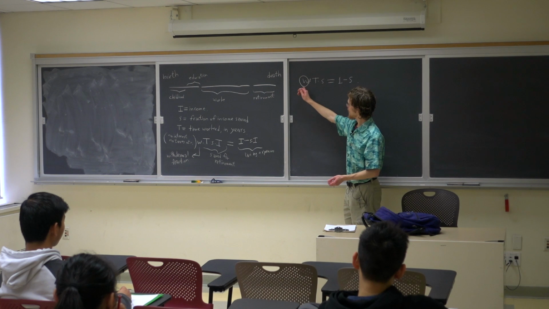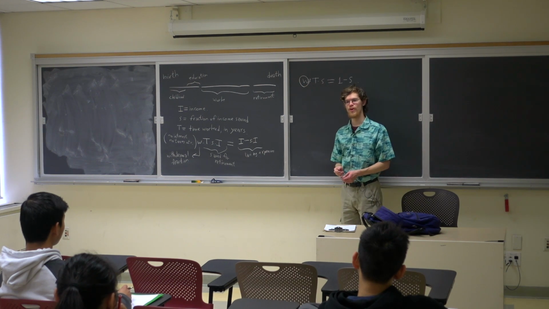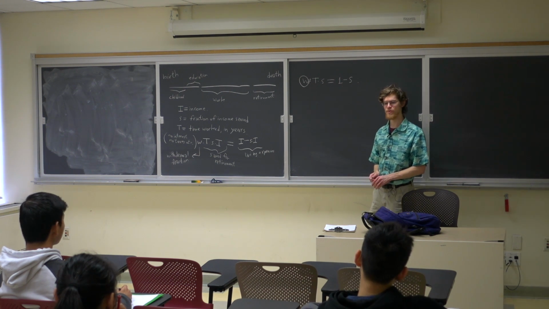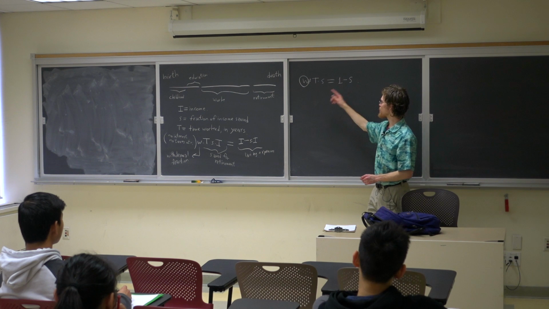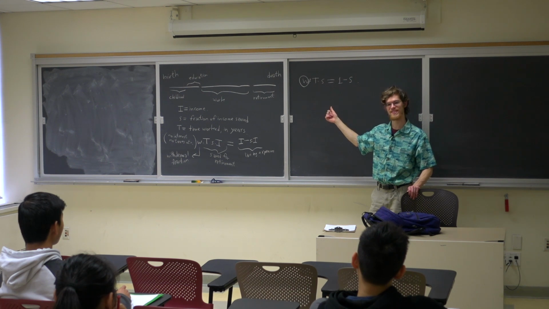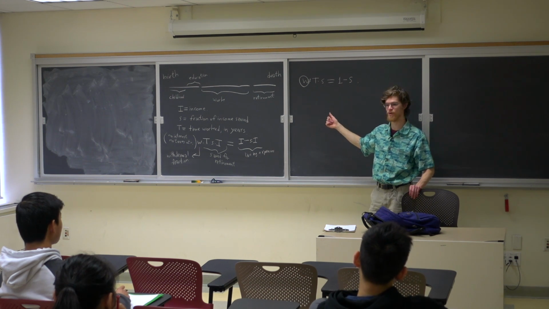Then how to choose the time to retire? How to choose the withdrawal rate? Okay. Well, if you're not sure how long you're going to live, there's no solution to this problem. Okay? Because if you live long enough, you'll run out of savings, and then you'll run out of money. Okay? If you can't tell how long you're going to live, which most of us don't know, we certainly can't solve this problem.